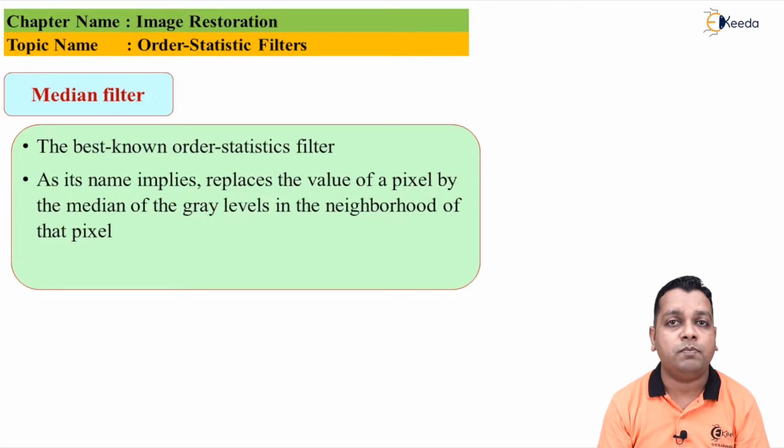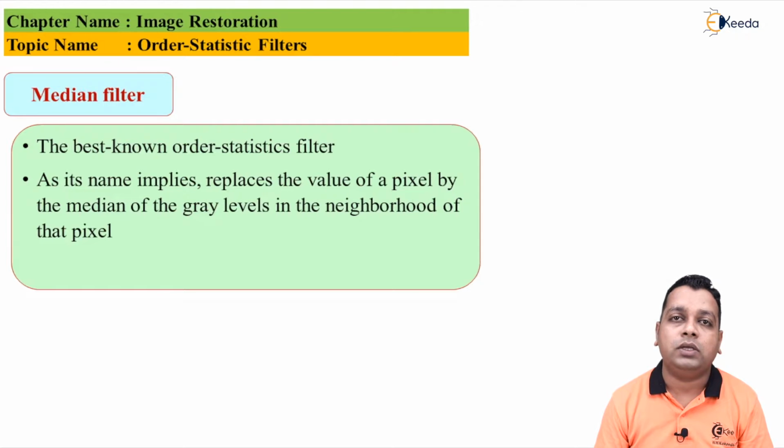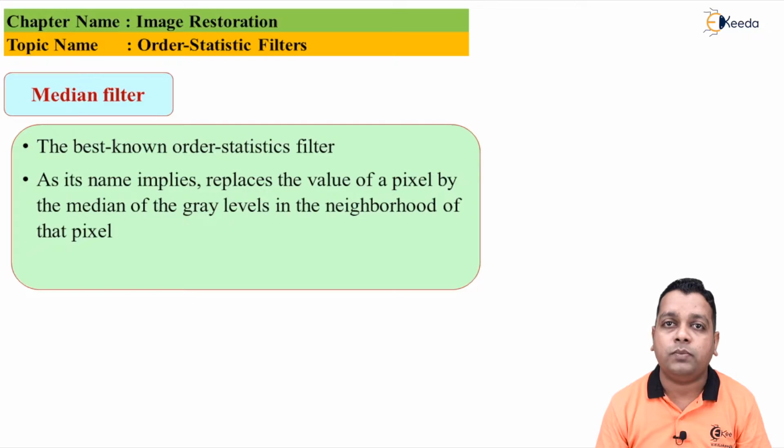Most of the time for this type of filtering, we take the dimensions 3 by 3, 5 by 5, 7 by 7, 9 by 9 like this, so that we can have the origin centered in the mask. Now such a neighborhood will be responsible to find out the median value.